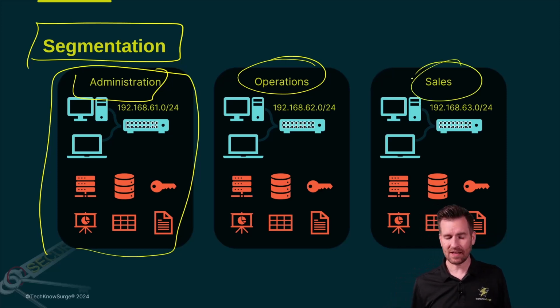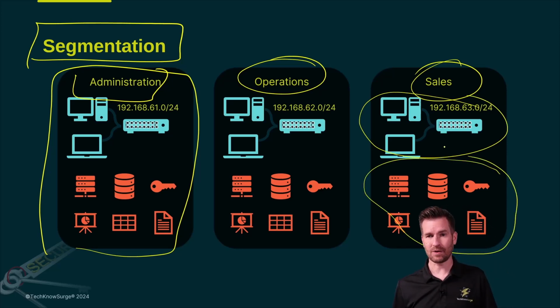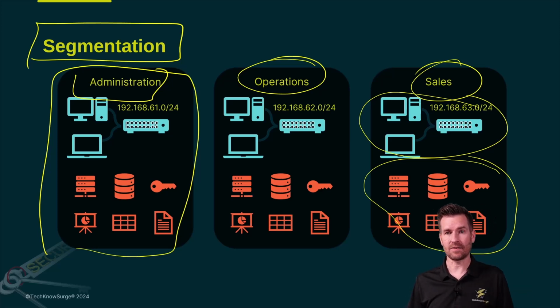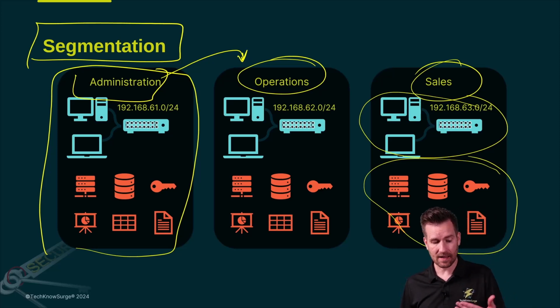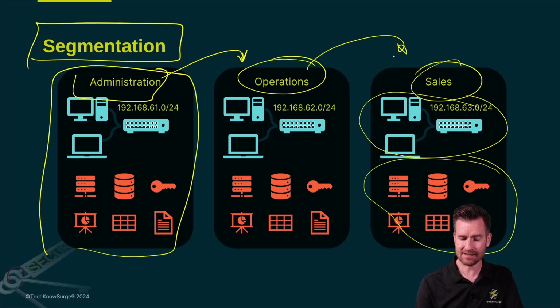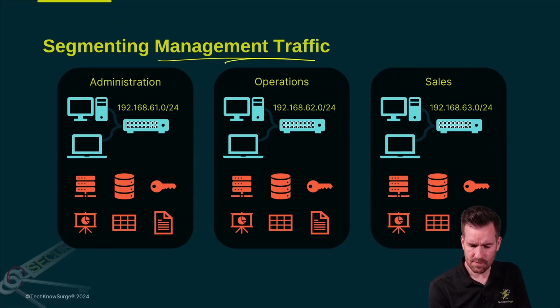And so we can actually have a separate network, separate equipment, separate data, separate servers, separate databases, separate keys, separate ways to get access to each one of these different segments. And this allows that somebody from administration doesn't necessarily have access to operations, or operations doesn't necessarily have access to sales.